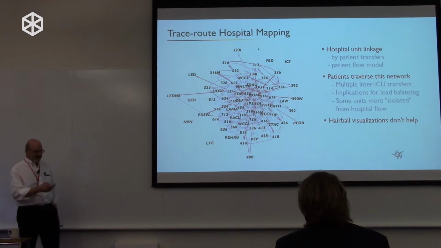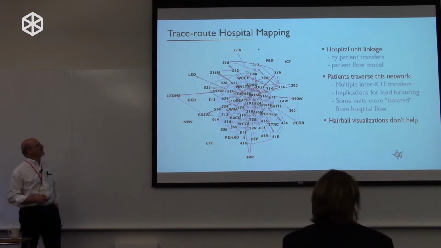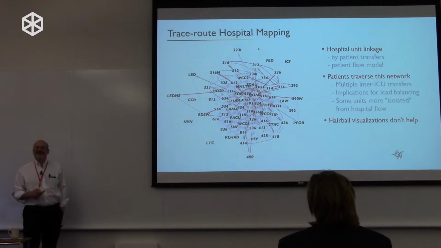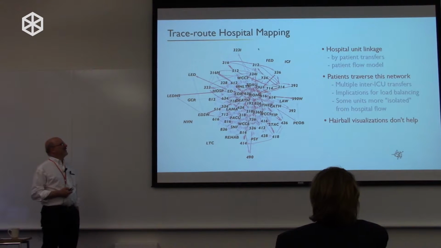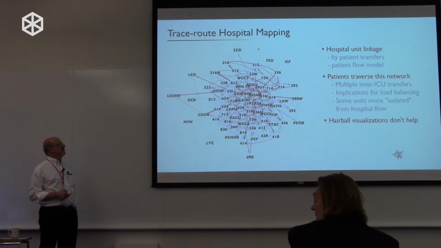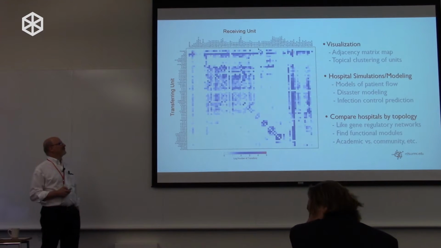I show this to non-graph savvy audiences to make the point that this is impossible to interpret, but so the hairball, but I'll show you a better representation in a minute. We were able to look at hospital unit linkage and how patients traverse the network.